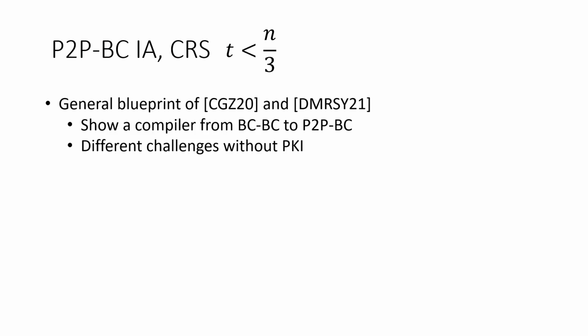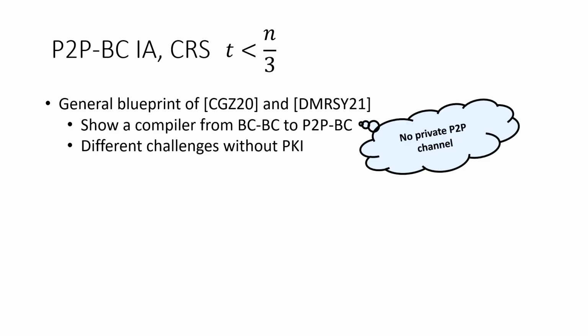So the high-level idea is that we follow the same approach of Cohen et al. and Damgard et al., but new challenges arise due to the fact that we don't use a PKI. So let me also stress that here we are not making use of a private channel in the first round.